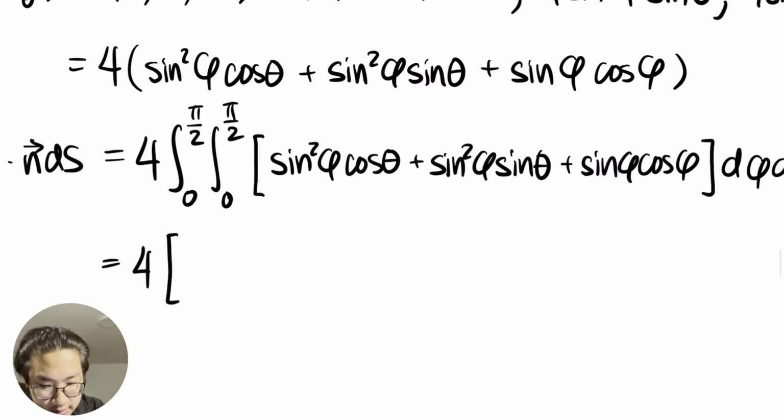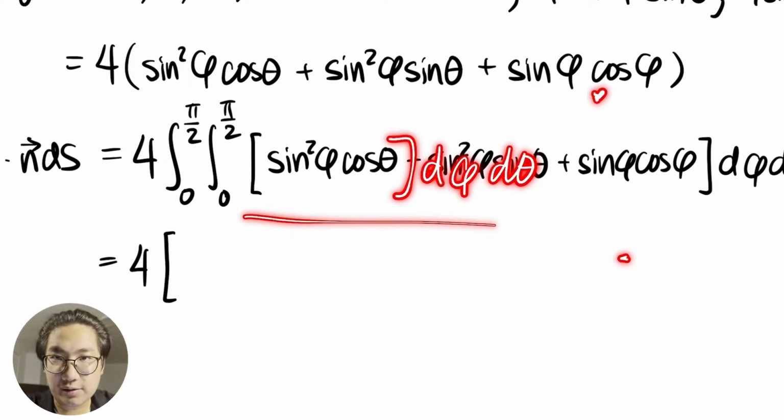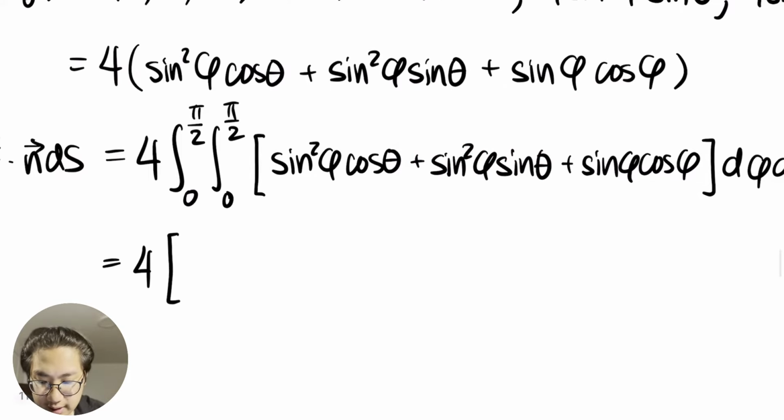For this right over here, if you imagine this d phi, d theta, we can basically write this as an iterated integral because they're being multiplied. One is going to be held constant when we're integrating with respect to phi anyways. So we can rewrite it as the following.